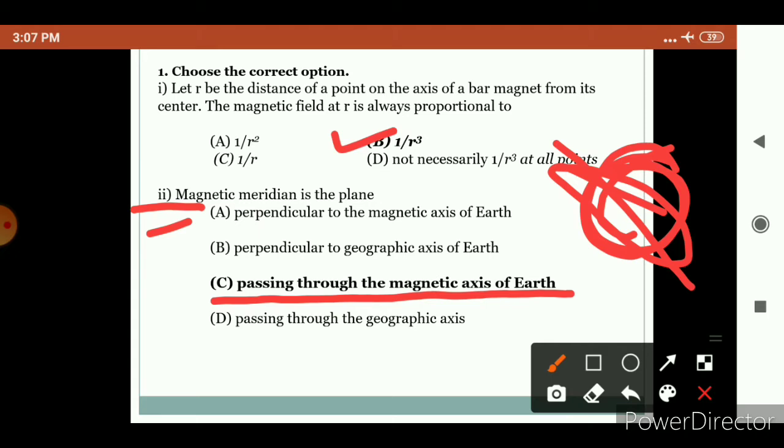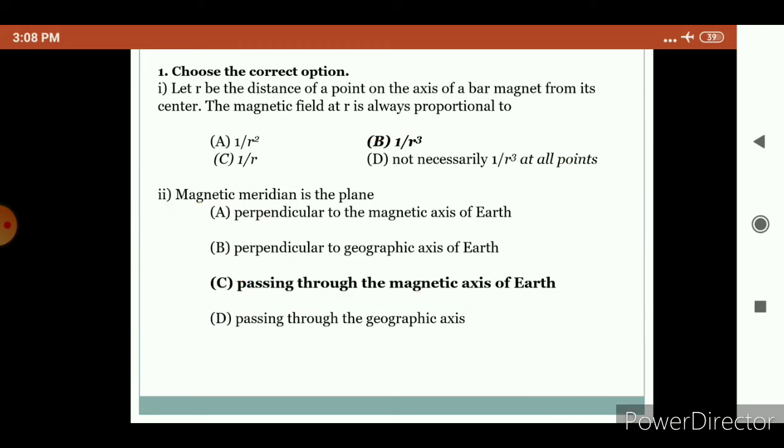The direction of the resultant magnetic field of the earth is always along or parallel to the magnetic meridian. So this is the answer for this question.